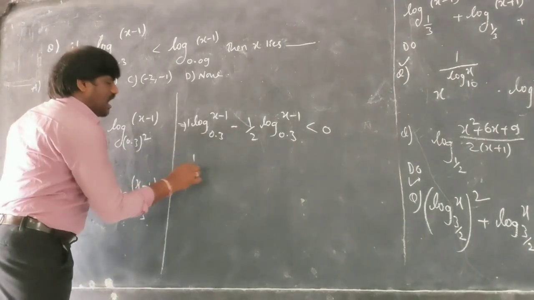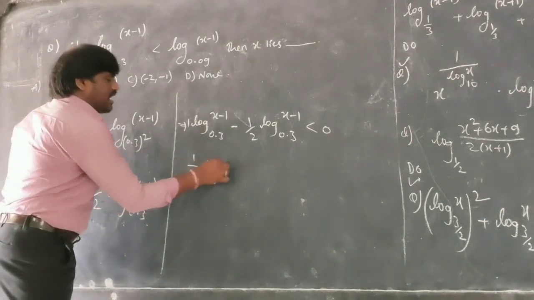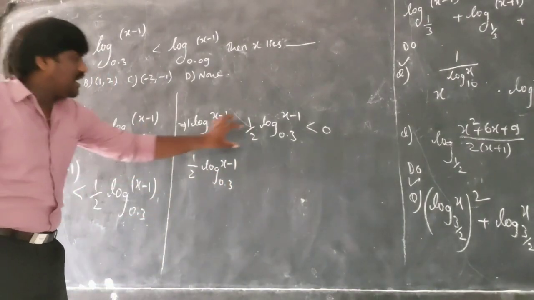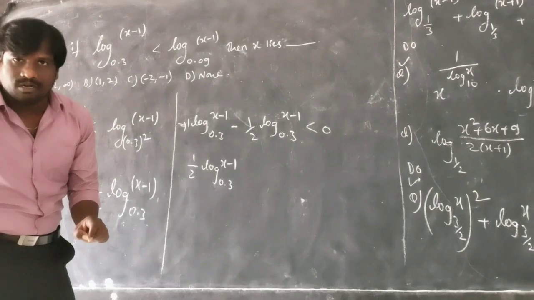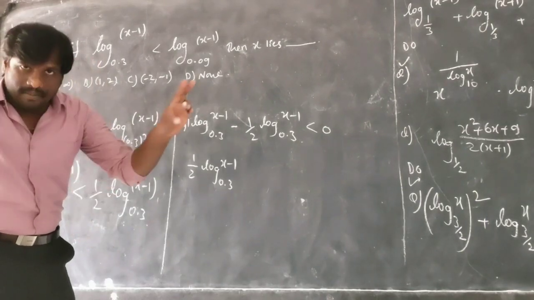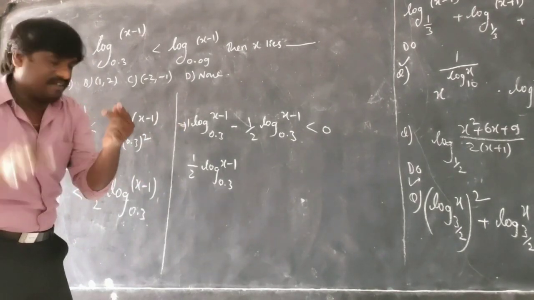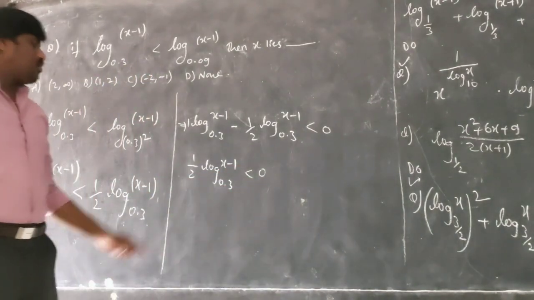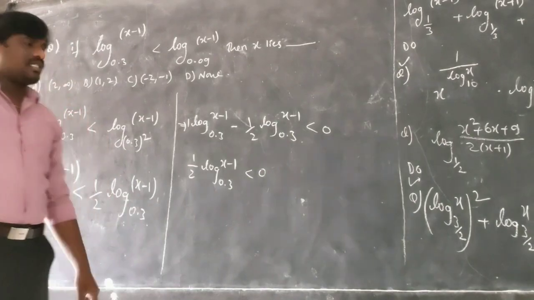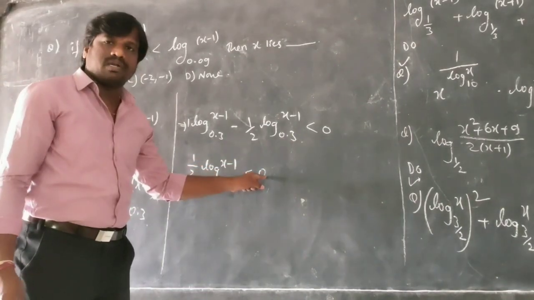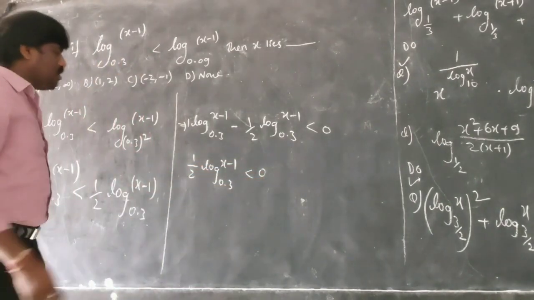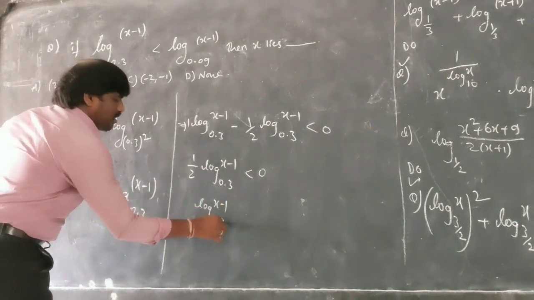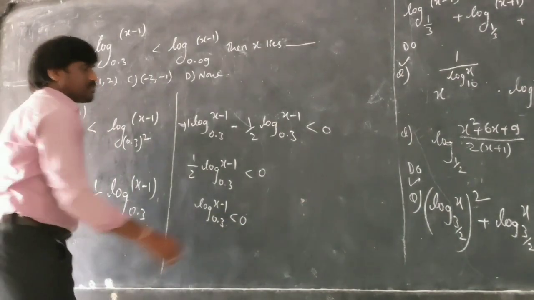So this is half times log of x minus 1 to the base 0.3. I took log of x minus 1 with base 0.3 common. So it is less than 0. Now I send 1 by 2 to that side. 1 by 2 into 0 is 0. So log of x minus 1 with base 0.3 is less than 0.